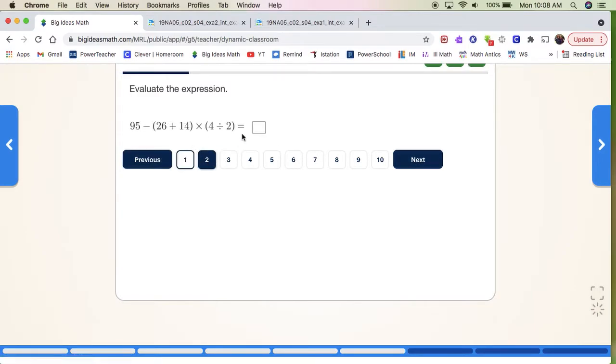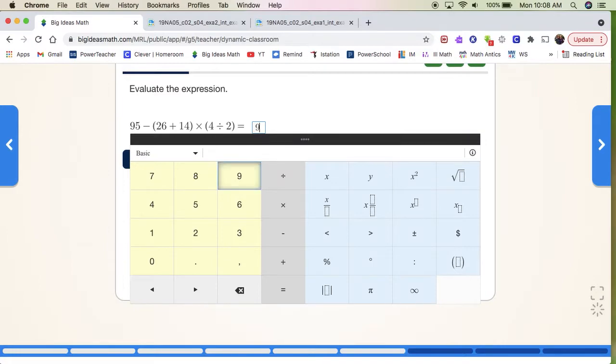All right, we have 95 minus 26 plus 14. 26 plus 14 is 40, times 4 divided by 2, which is 2.